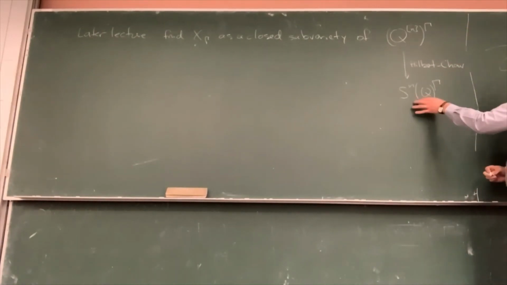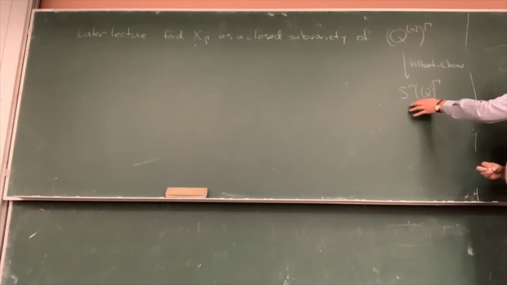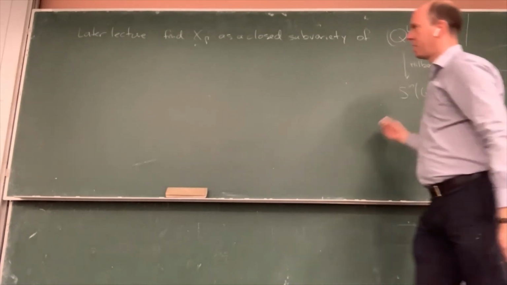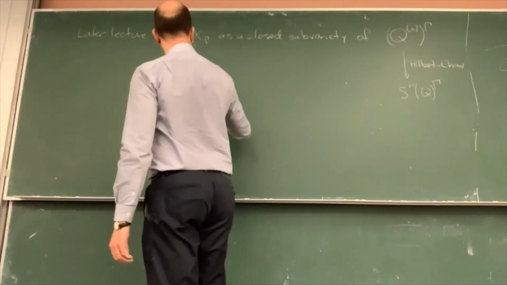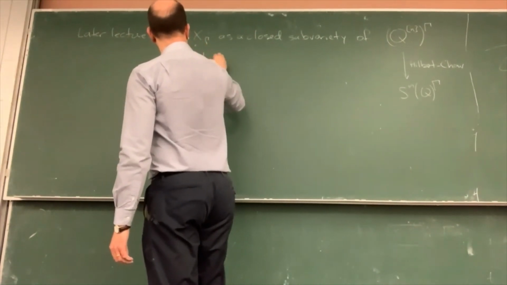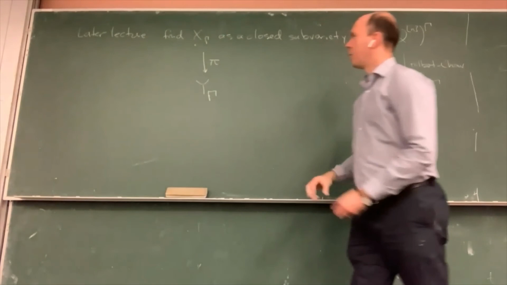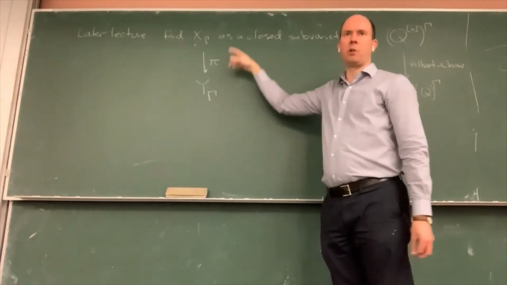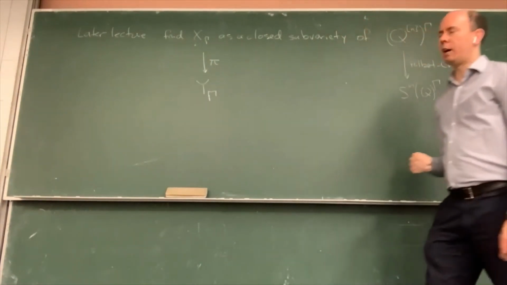So we know this naturally maps to the gamma fixed points in the nth symmetric power. And we've just seen that that's isomorphic to Y gamma. And so the Hilbert morphism here is going to give us our resolution of singularities.